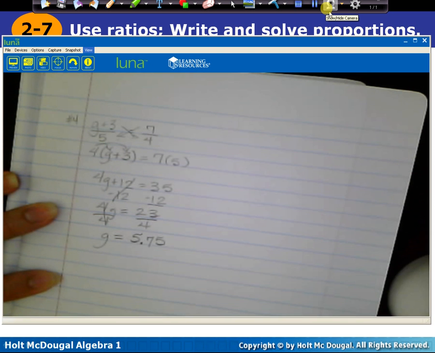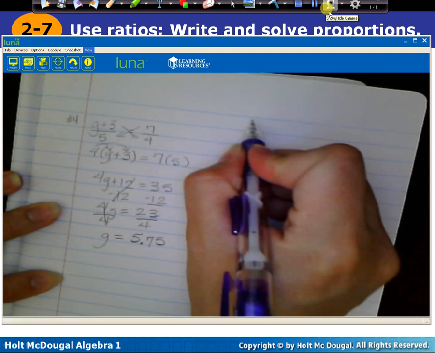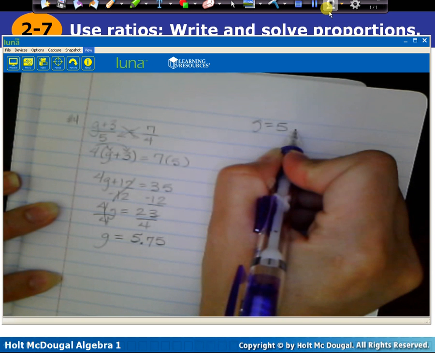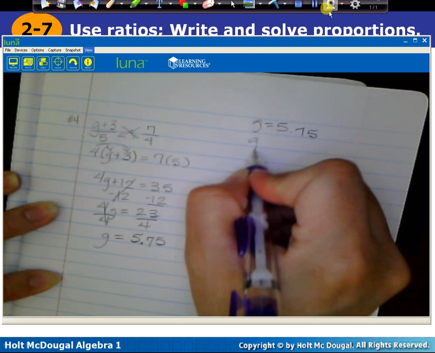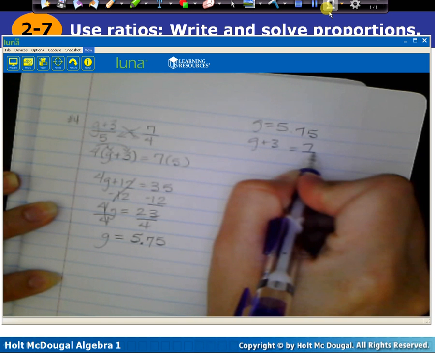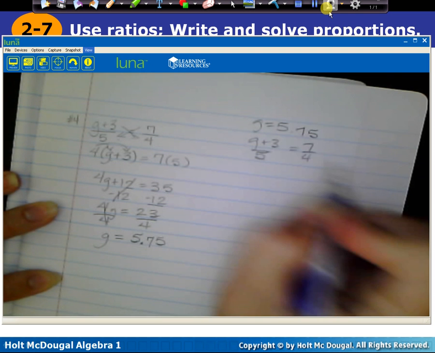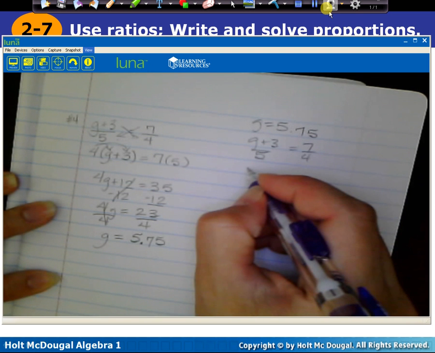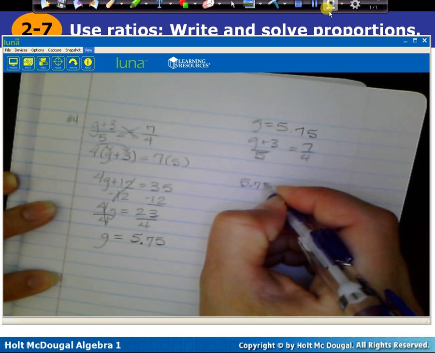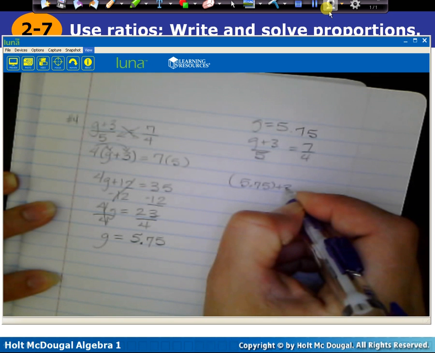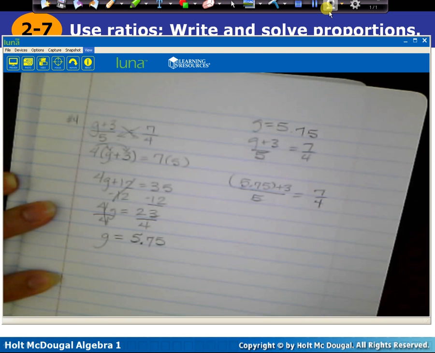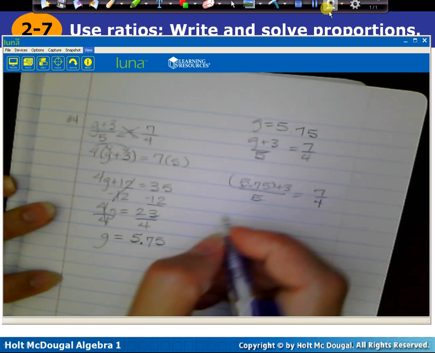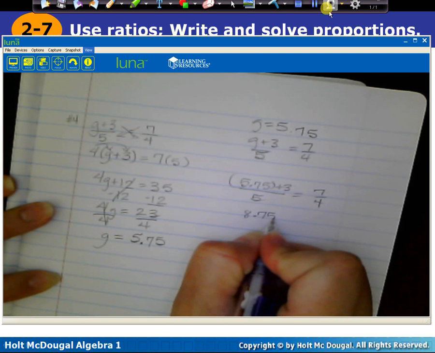So now we're going to go back to the original problem and we're going to check. We're going to plug in our g equals 5.75 everywhere we see a g. Take the original problem and we're going to plug that in. So we have 5.75 plus 3 over 5 equals 7 over 4. 5.75 plus 3 is going to give us 8.75.